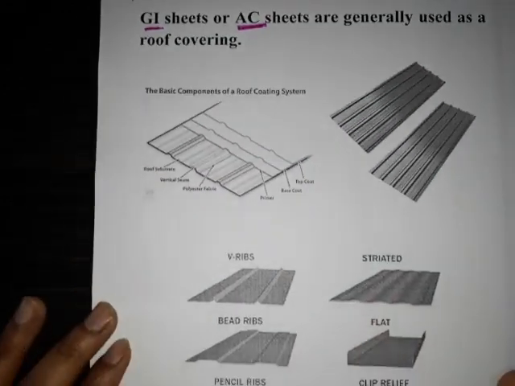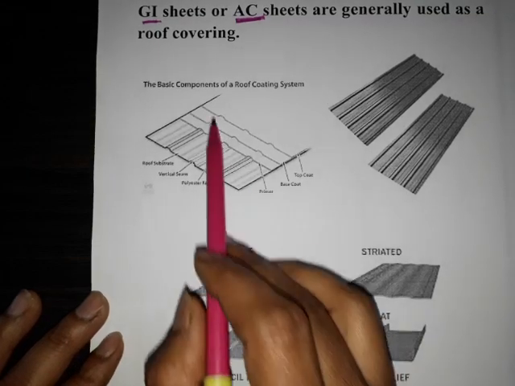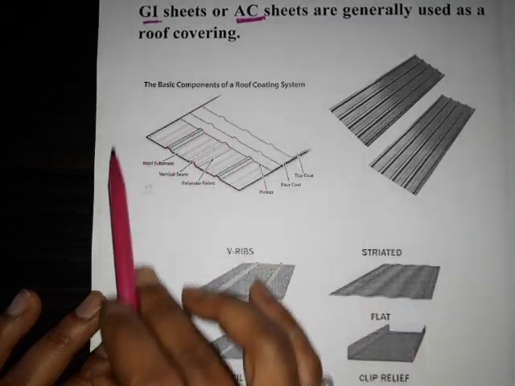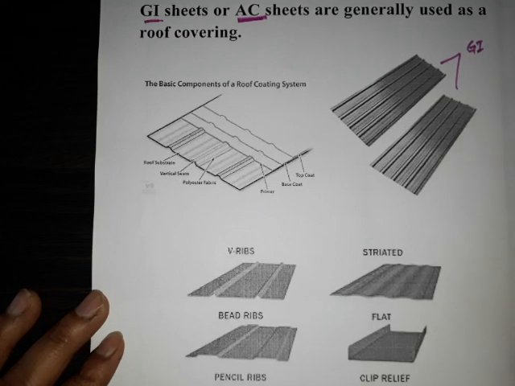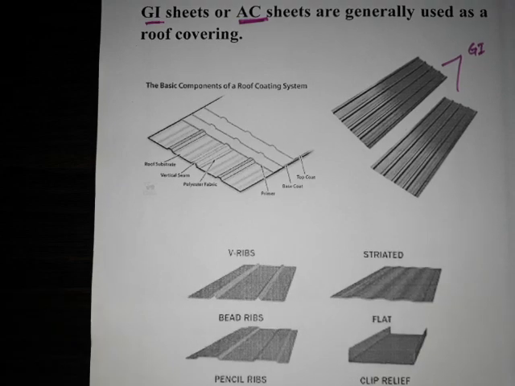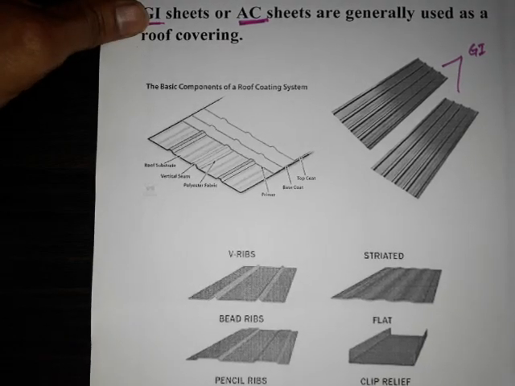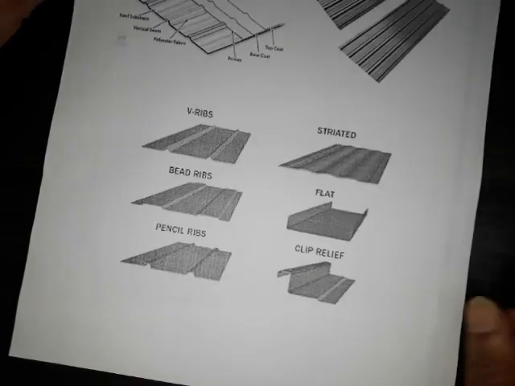What you can see here in the image are the components of covering. These are the GI sheets, which are available in the market, and we can observe them very easily.